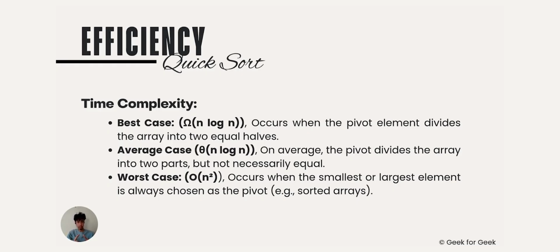The recursion depth is about O(log n) because the array size roughly halves each time. The worst case of O(n squared) occurs when the smallest or largest element is always chosen as the pivot. What does this mean? It happens when the pivot causes very unbalanced partitions at each step, like when the array is already sorted and the first or last element is always chosen as the pivot.